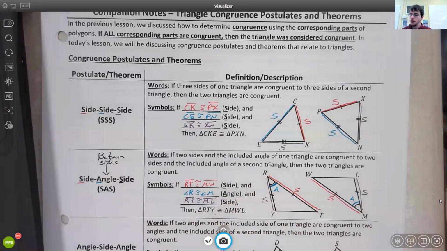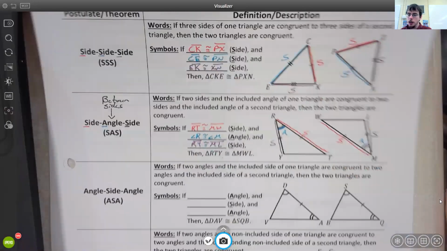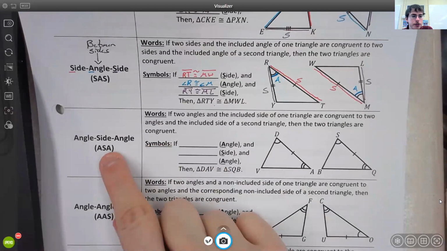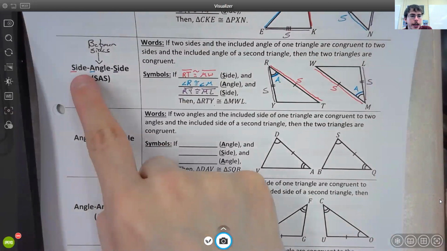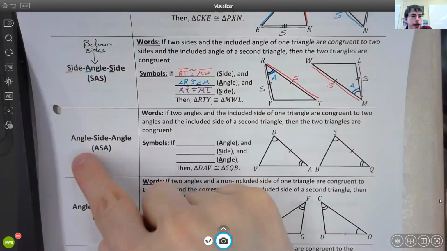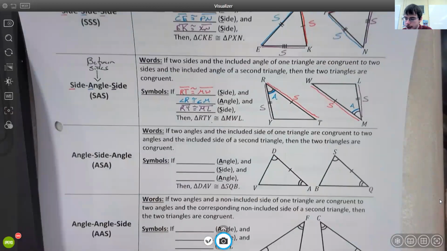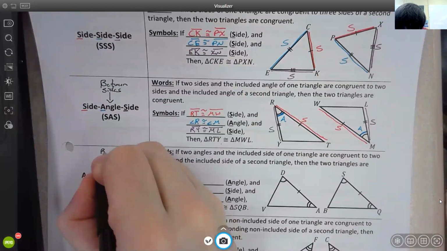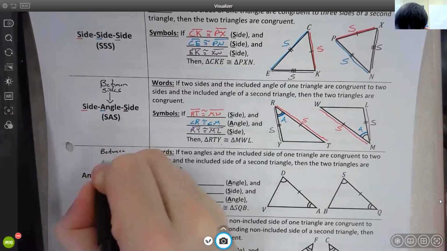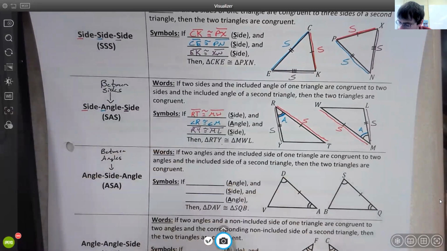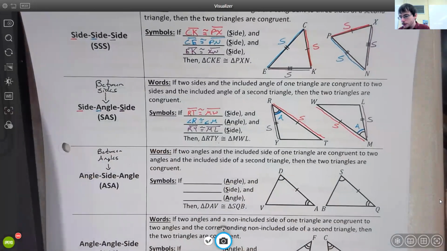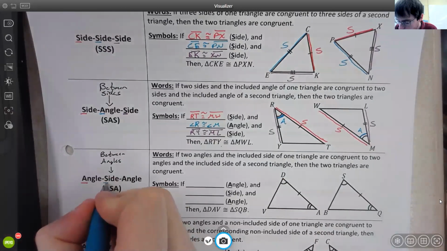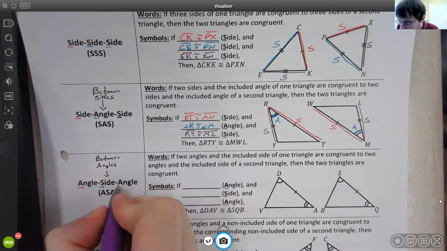Okay. All right, next up, we have angle, side, angle. So just like the other one where it had side, angle, side, this time we have the side that's in between the angles. So we have angle, side, angle.